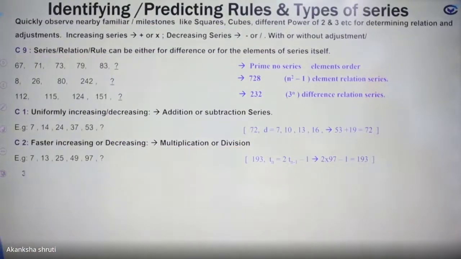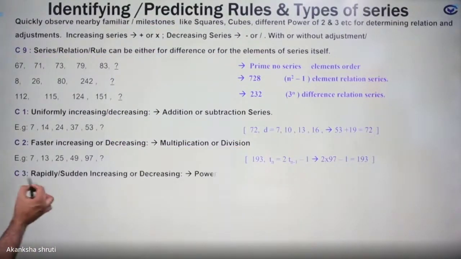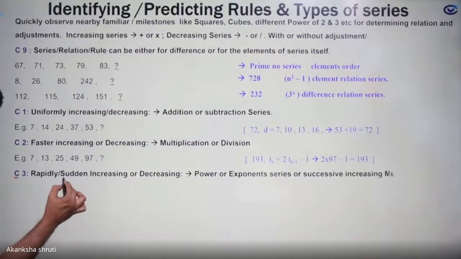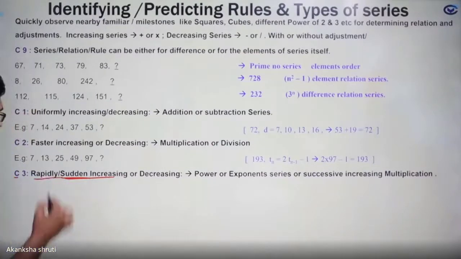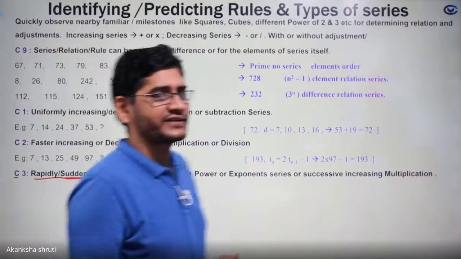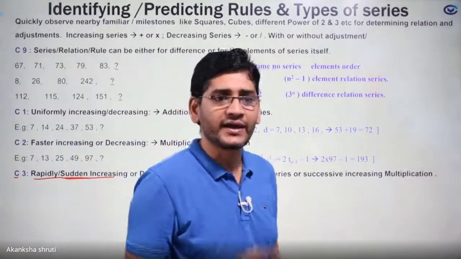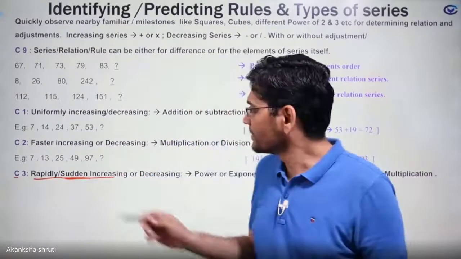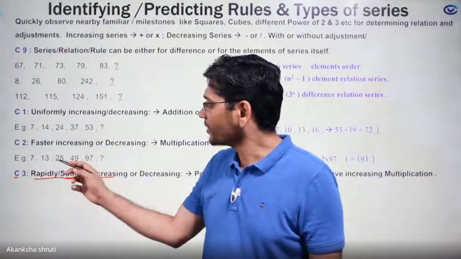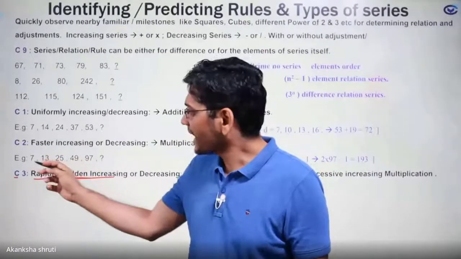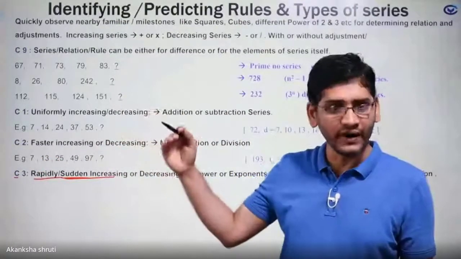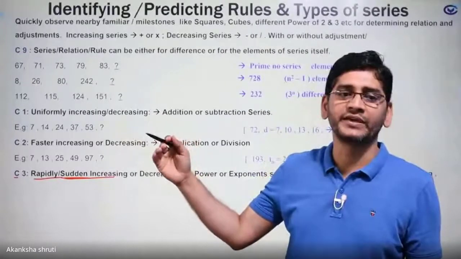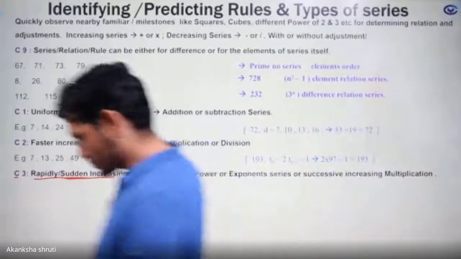Students, the next concept is when the variation is sudden or very fast. When there is a very fast variation, at that time the multiplication or division will be with an increasing number, or that could be a power series. So this way we can catch what the rule is.